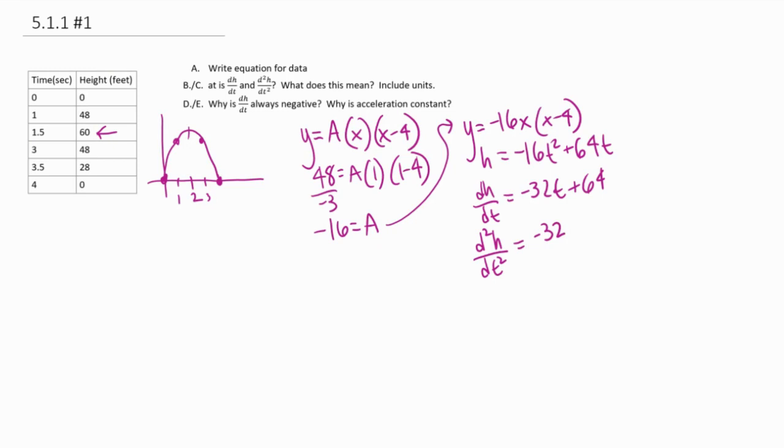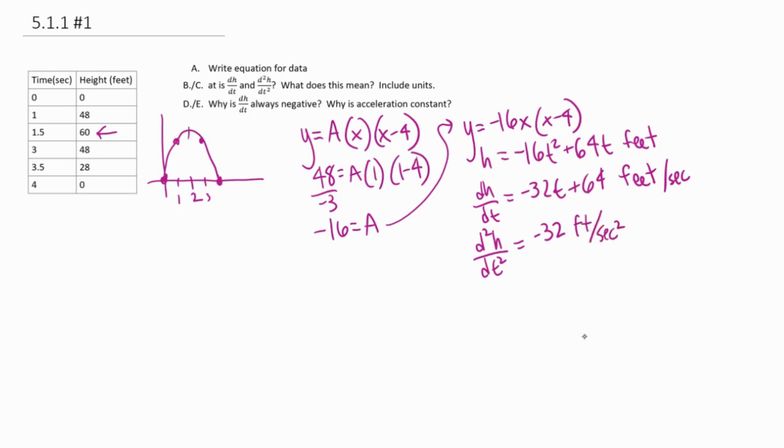All right, so this is the derivative with respect to time. My original height is in feet. If you take the derivative with respect to time, you end up with feet over seconds. And if you take the derivative of that with respect to time again, you get feet over seconds squared.